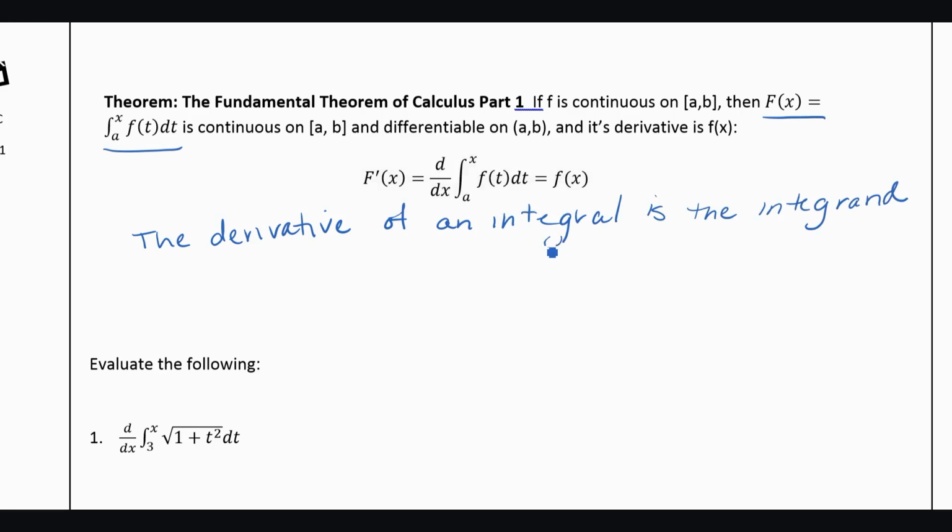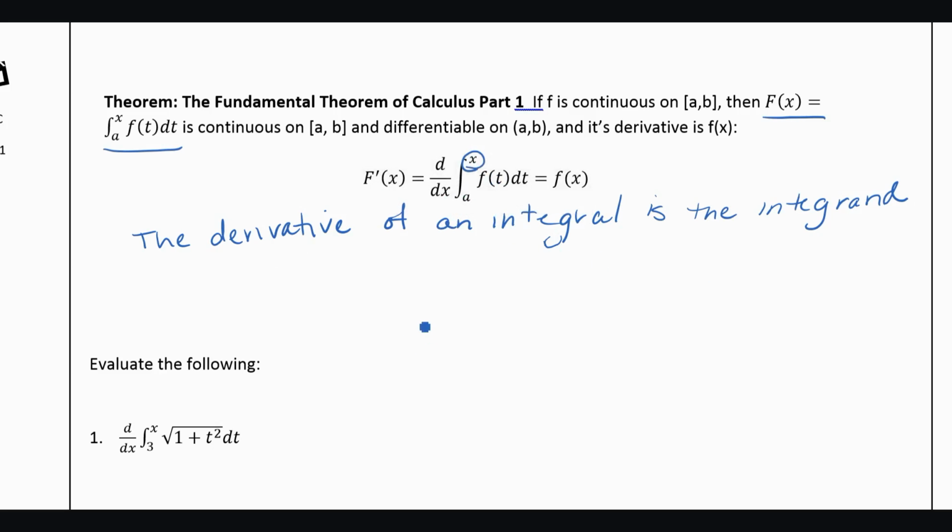Okay, so we're saying if you take the derivative of an integral, and we had to make this a function, that has to be a variable. If you put a number up there, then the definite integral would just be a number, a constant, and the derivative of a constant is 0. So if you have this function that's an integral, the derivative of the integral is just the integrand. So you're going to plug that value of x in there.